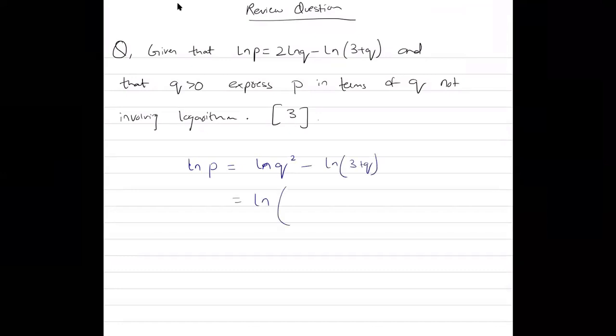If you remember the quotient rule, the division rule, it becomes ln of q square upon 3 plus q. So ln of this is equal to ln of this. That means, therefore, p must be equal to q square upon 3 plus q. Make sense? Yes, sir. Okay.